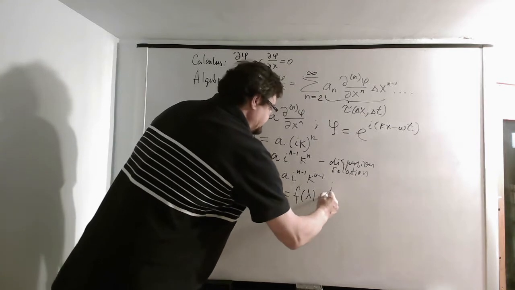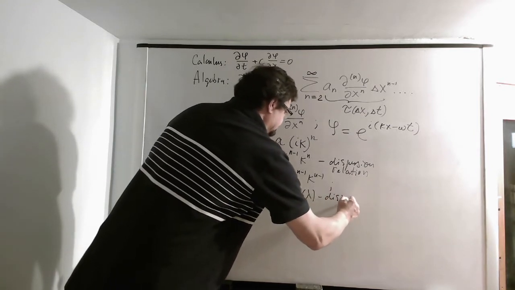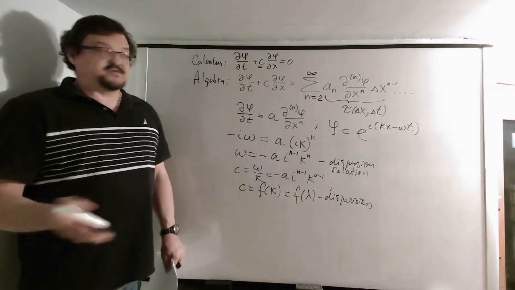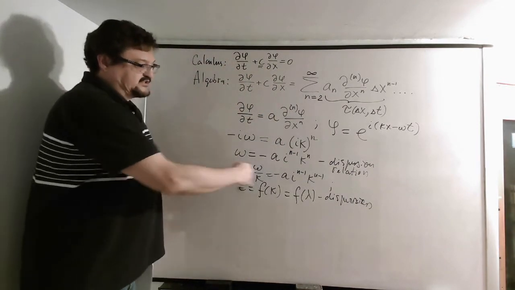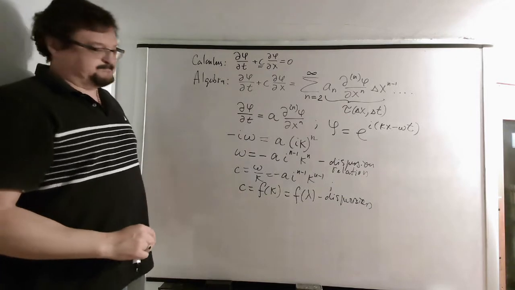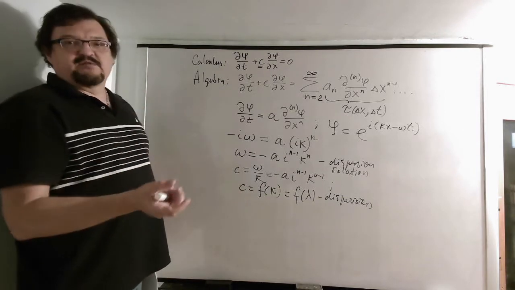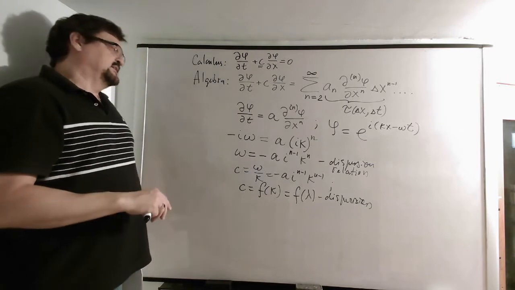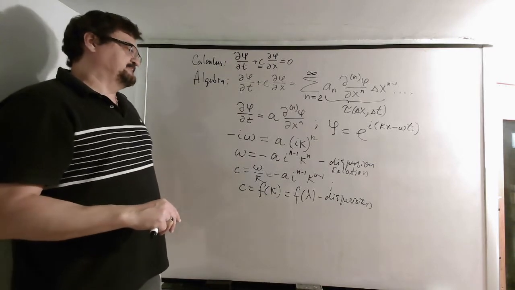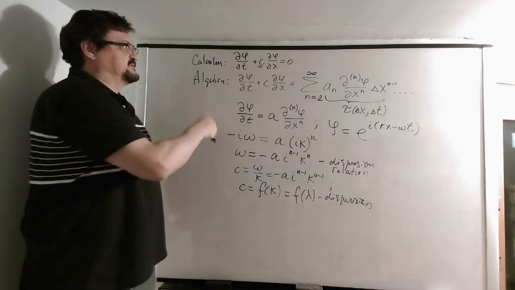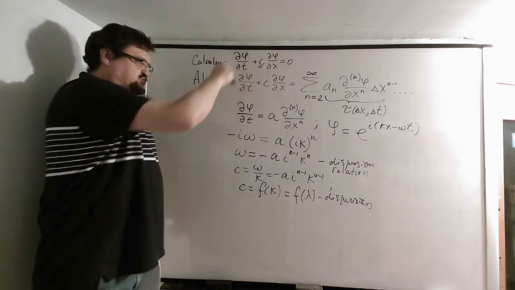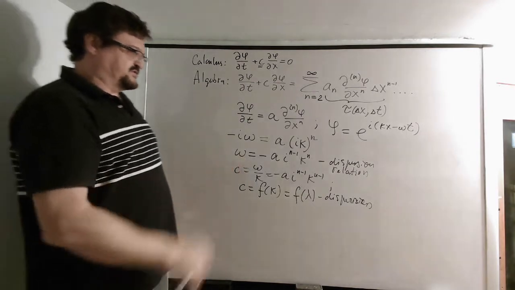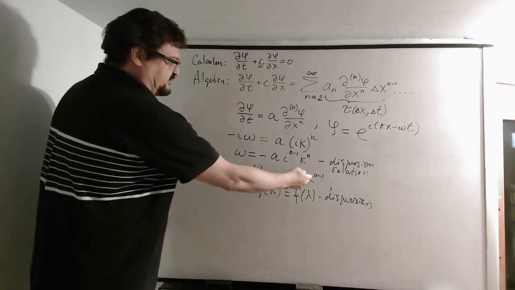So we have dispersion, even though originally we had no dispersion in this equation. So now we introduce some dispersive waves. Our waves of various wavelengths start moving with slightly different speeds than dictated by this equation, which tells that they should move with the same speed. So we have dispersion right away.